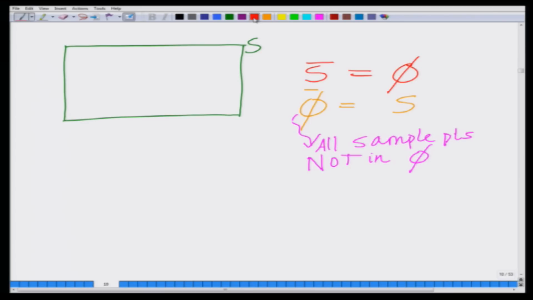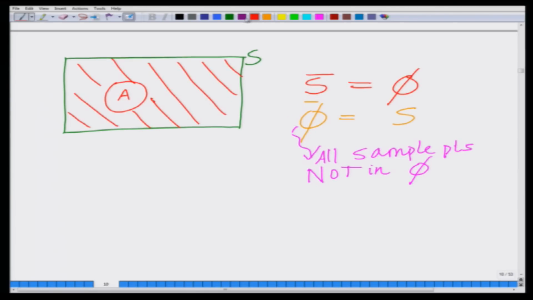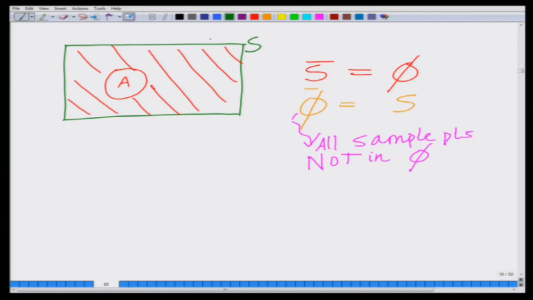Further, if I have any set A in this, and this is of course A complement, then I have A union A complement.